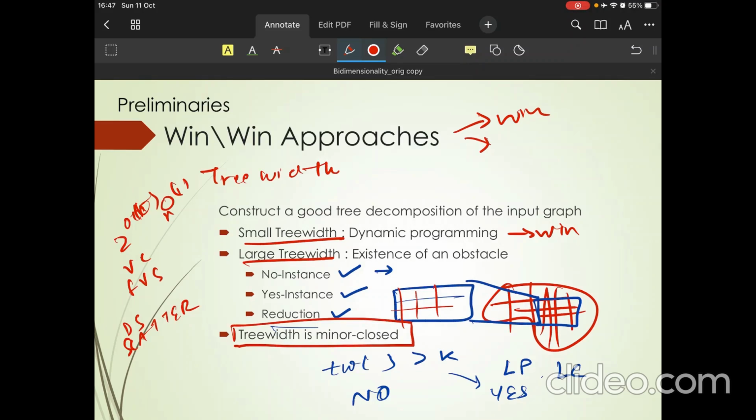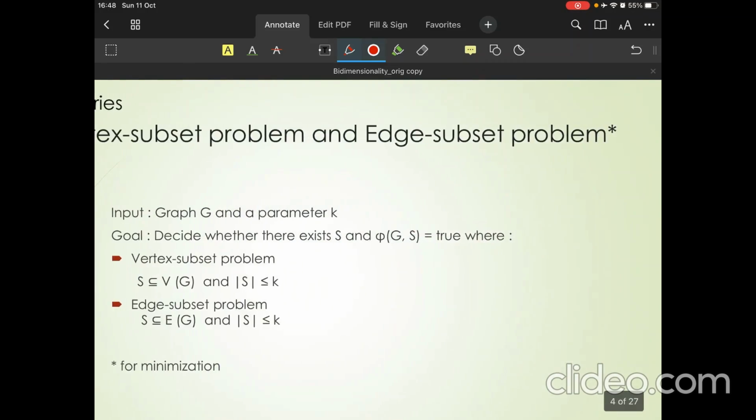We also consider this statement which we took, that tree width is minor closed. That is, given a minor H of G, the tree width of H is less than or equal to the tree width of G.